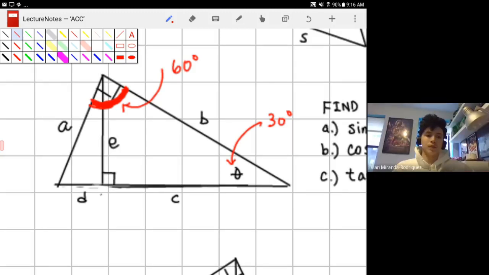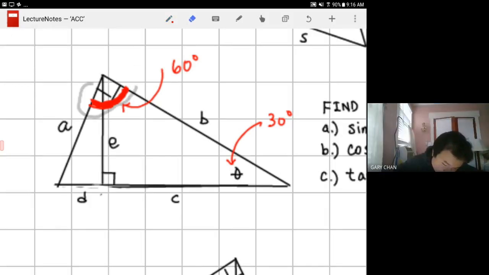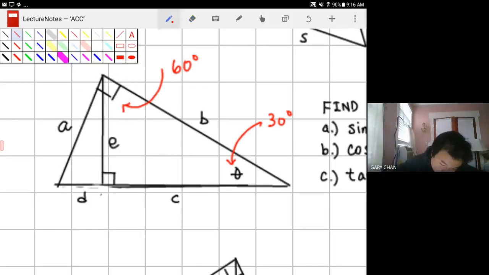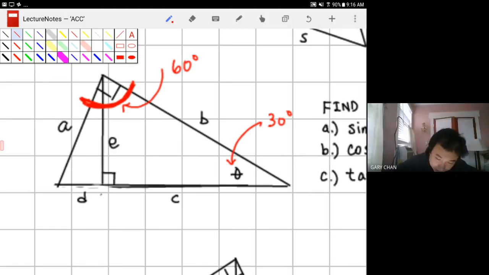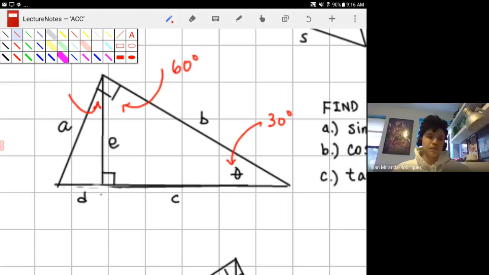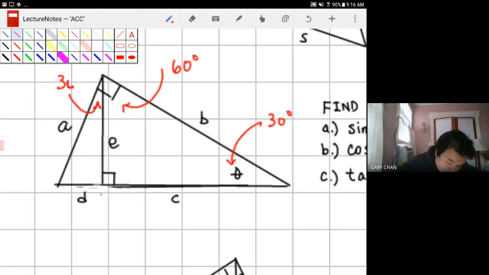Would it be 60 degrees? No, I'm talking about this entire angle here. Oh, okay. That would be 90. So, Kian, if that is 90, then what would be this little angle inside? 30. That would indeed be 30.